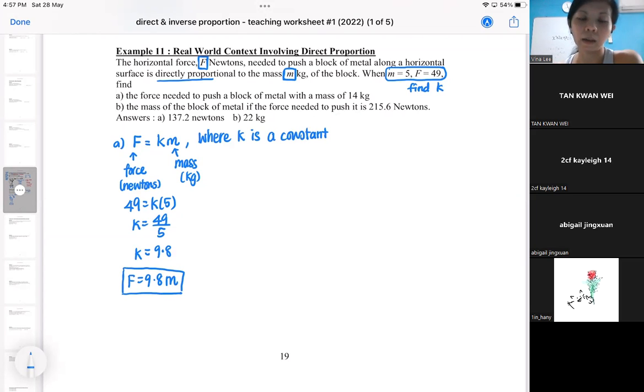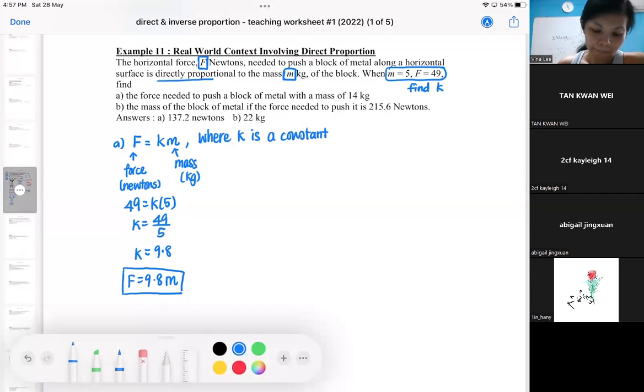Sometimes they will say that it is directly proportional to the square of the mass. So if you got this formula already, we can answer accordingly. Okay, we can answer accordingly.